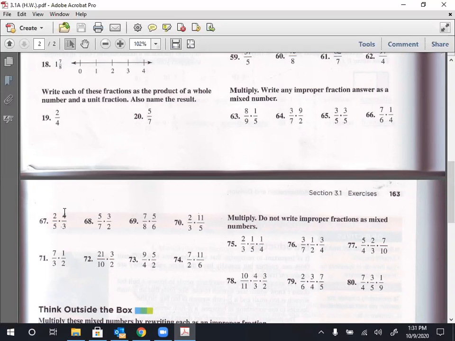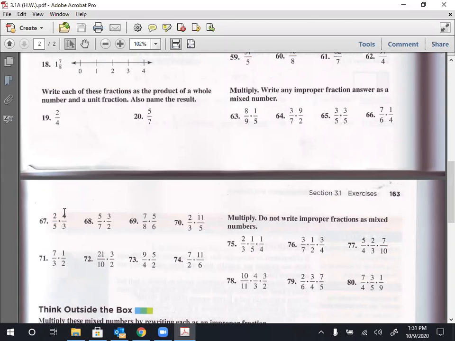How many are left? 1. So you have 1 and 1/6, and that's how you would write the final answer. 7/6 equals 1 and 1/6. That's how you get to 74.